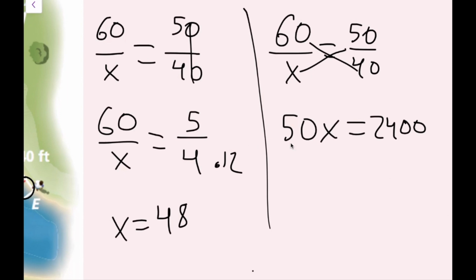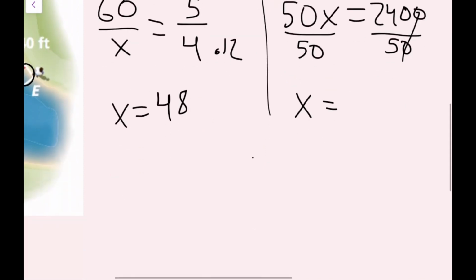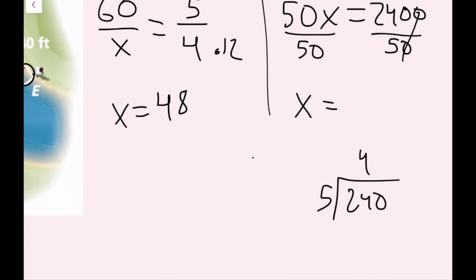Well, I can divide 50 on both sides. 0 crosses off, and then I get 240 divided by 5. If you don't know what that is, we can do it out. I'll do it out using long division. 5 goes into 24 4 times, and then 5 goes into 40 8 times, so we still get 48.